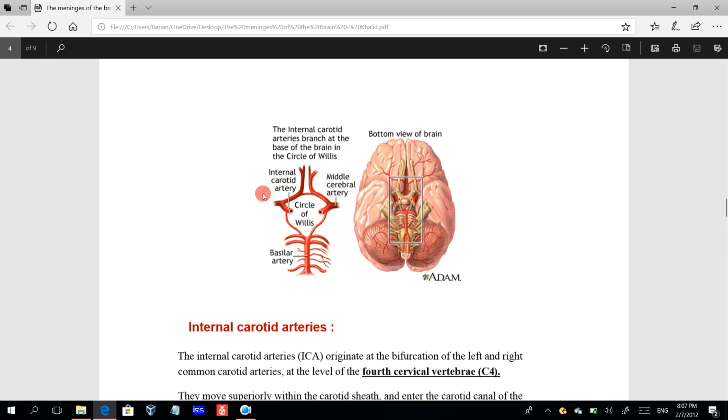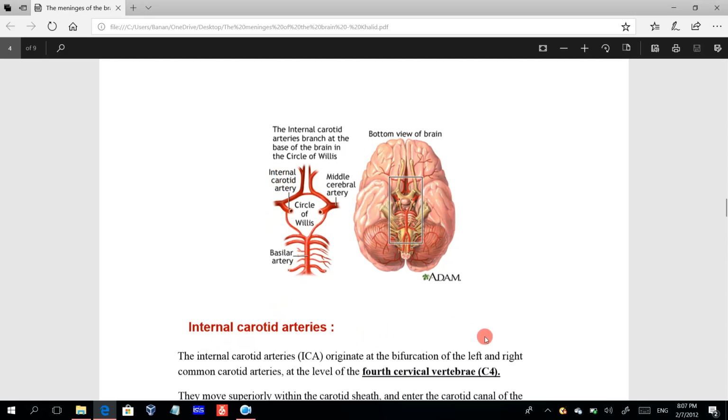So if there is deficiency of blood here due to obstruction, due to thrombosis, or any pathology in these vessels, the circle can partly supply that area which is deficient in blood.